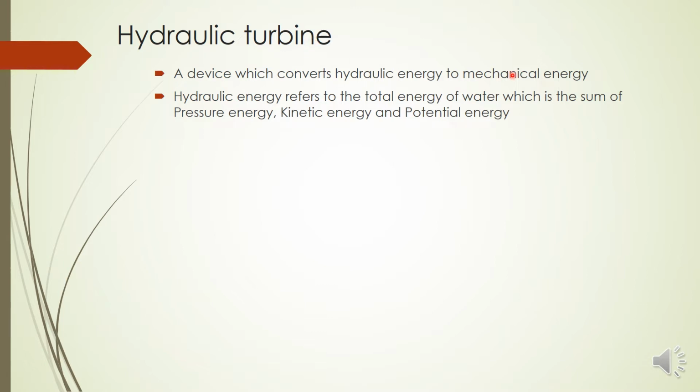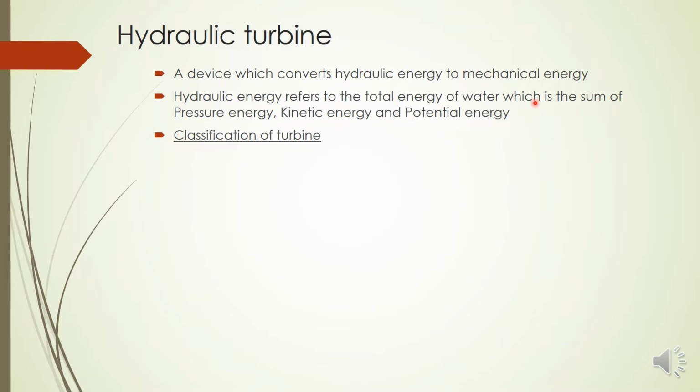It will produce mechanical energy. And this mechanical energy can be given to a generator and it will produce electricity. That is what all the hydroelectric power plants are doing. But we will not talk much about the generator section, which comes in the electrical engineering part. So we will only focus on the turbine area.